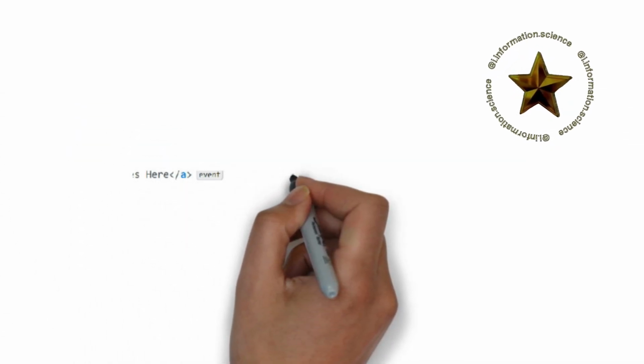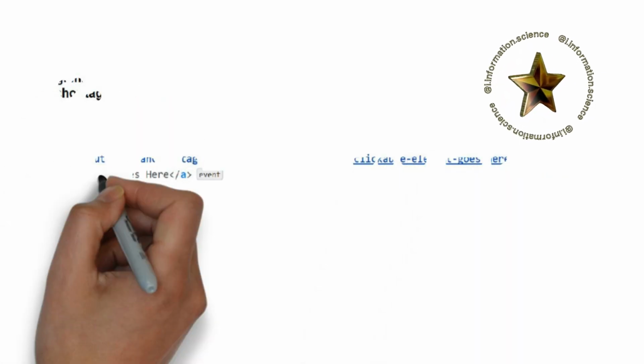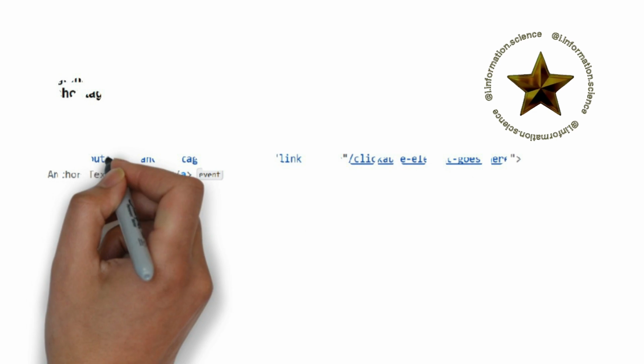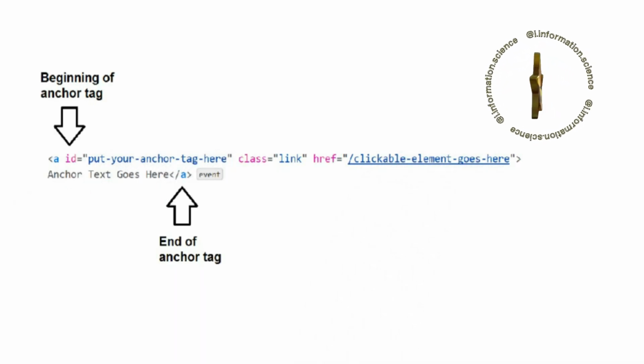Anchor tag. The anchor tag in HTML, denoted by A, is crucial for creating hyperlinks on web pages. It is used to link a source anchor, text, image, or button to a destination anchor, another resource.